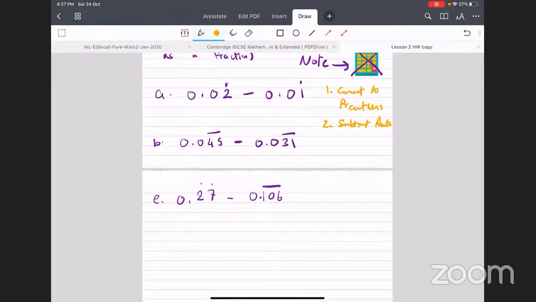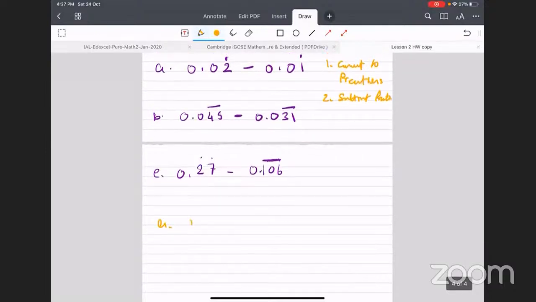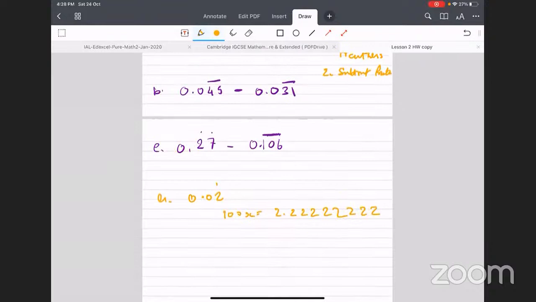Let's solve number A here. So 0.02 recurring is equal to, let's say 100x is equal to 2.2222, and x would be equal to 0.02222.